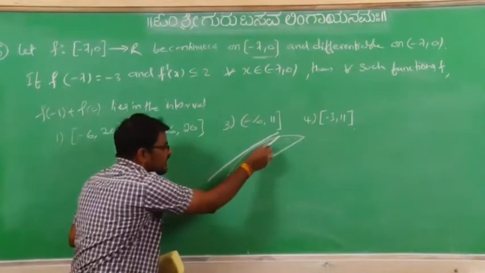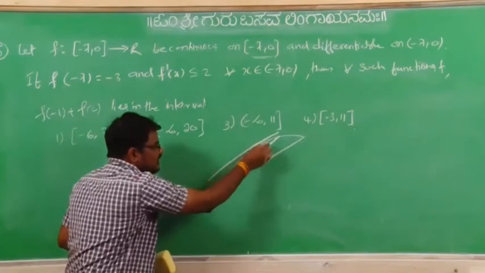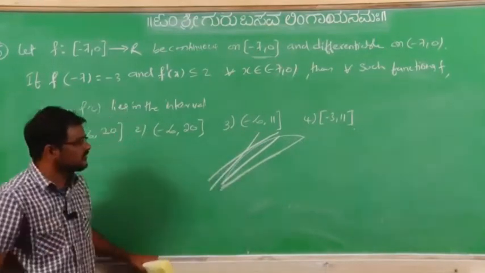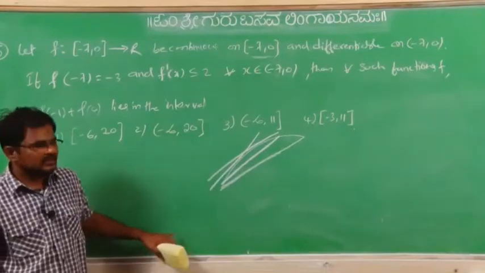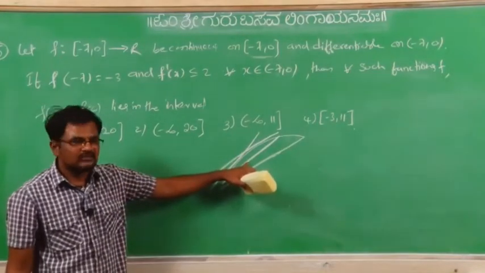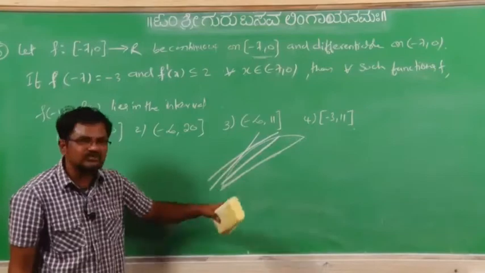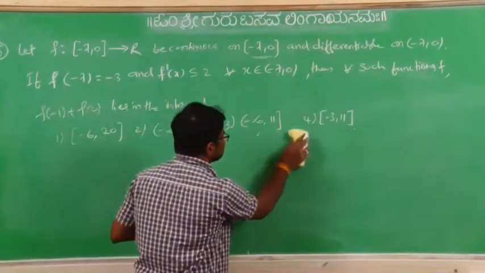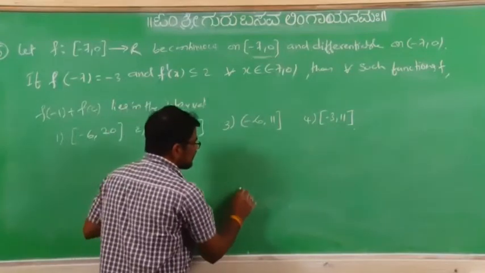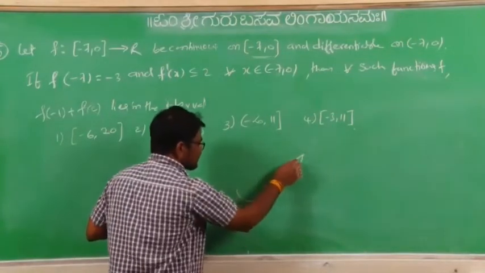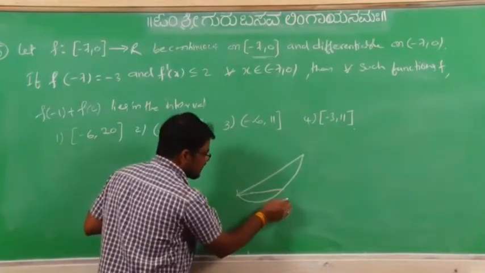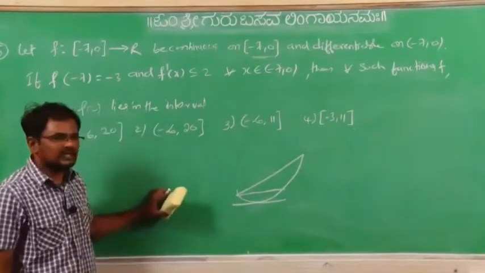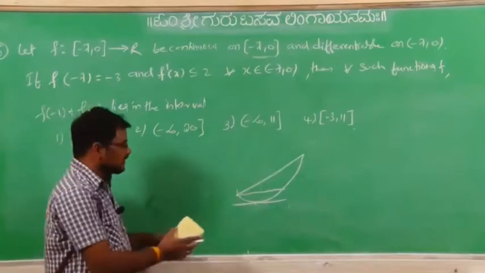Suppose if you take like this, for this one also at that point one tangent parallel to this line, means for this one also you can apply Lagrange's mean value theorem. Suppose if you take here also one point will be there which is parallel to this line. Here also tangent you can take.